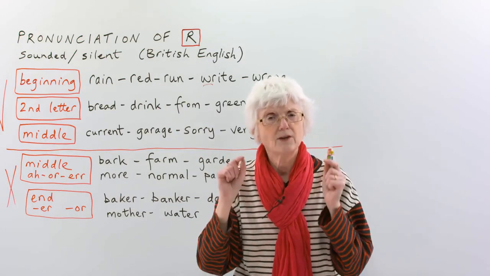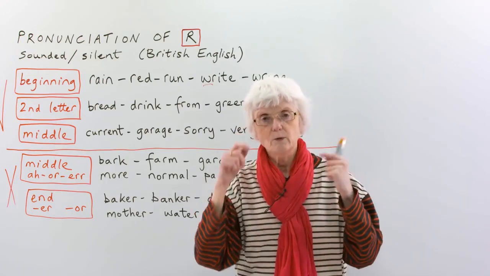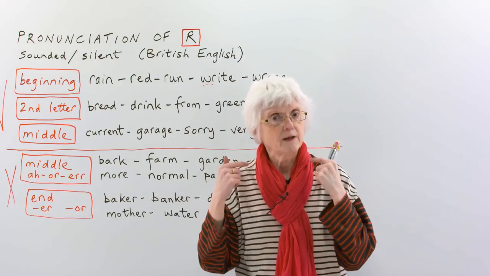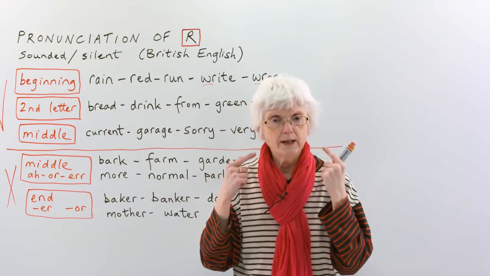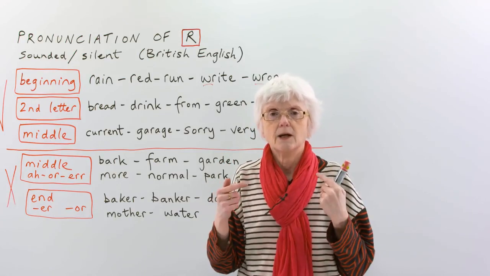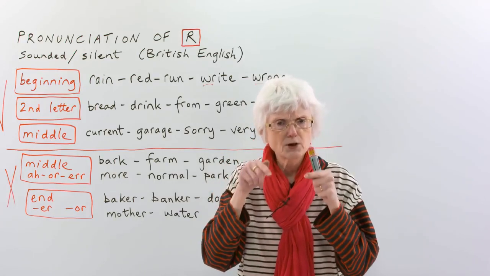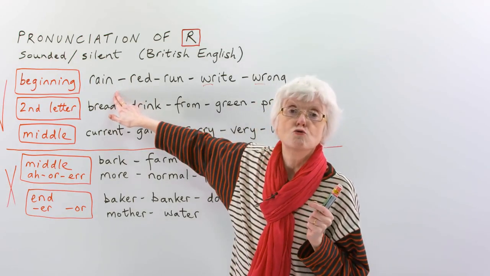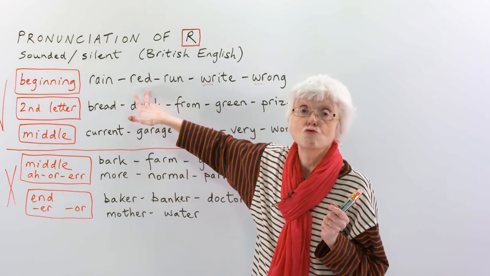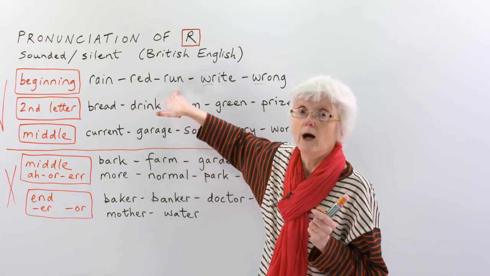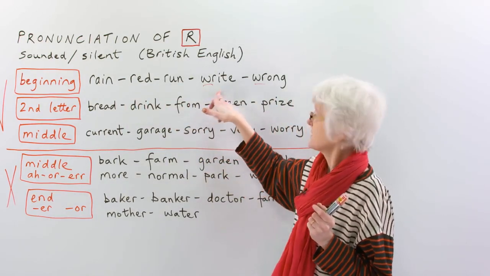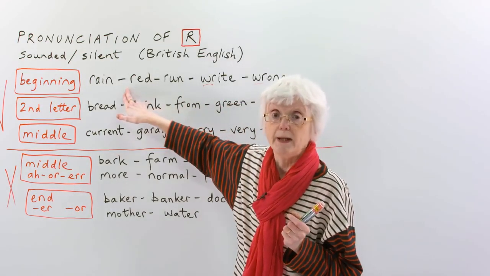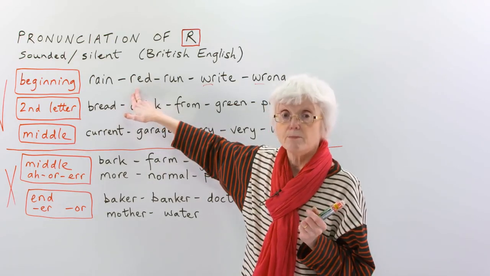I know in some languages the R sound is more at the back of the throat, but in British English, it's right at the front of the mouth and you push your lips forward. So it's rain and red and run, right, wrong. Okay, so that's words beginning with R. The R is sounded.